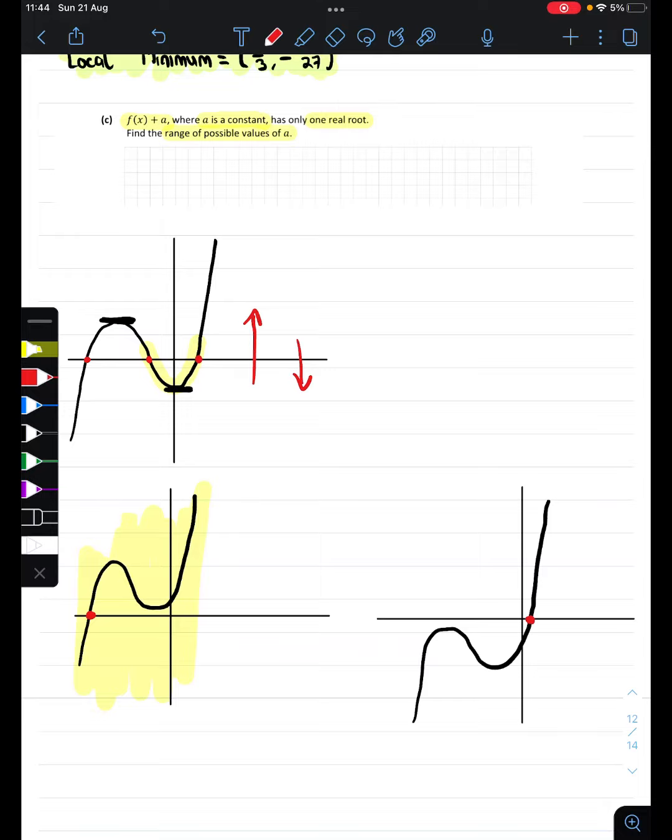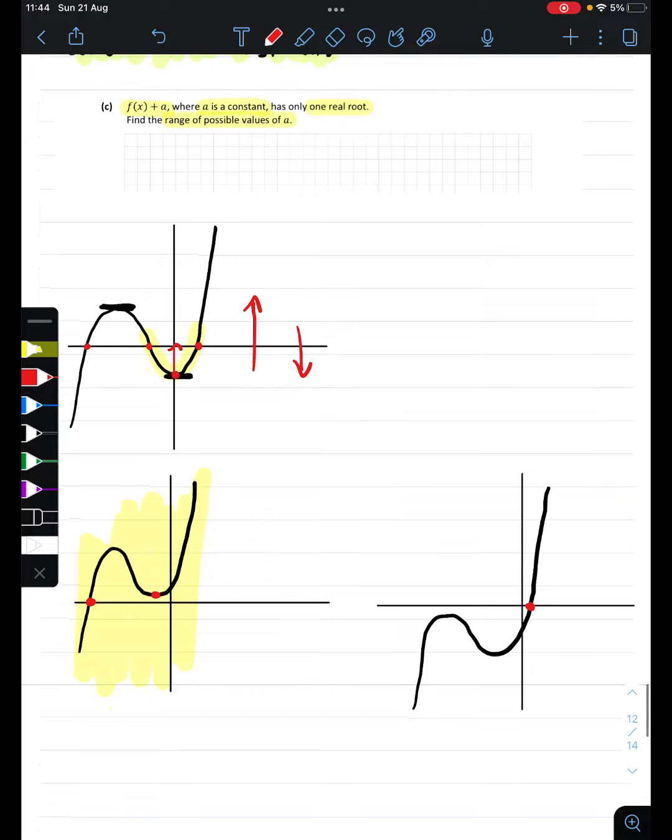And so that means we need to increase it by this amount, or well, slightly more than this amount. So we bring the minimum above the x-axis. If the minimum doesn't hit the x-axis, then none of this stretch will.